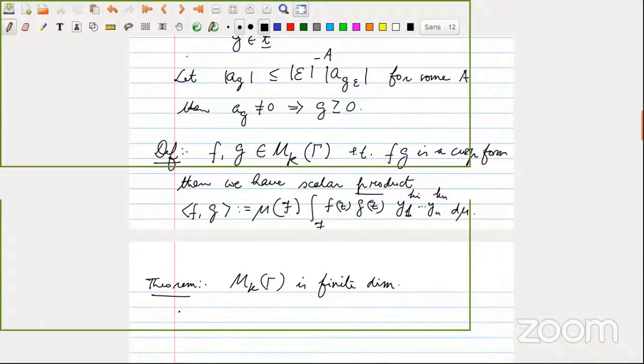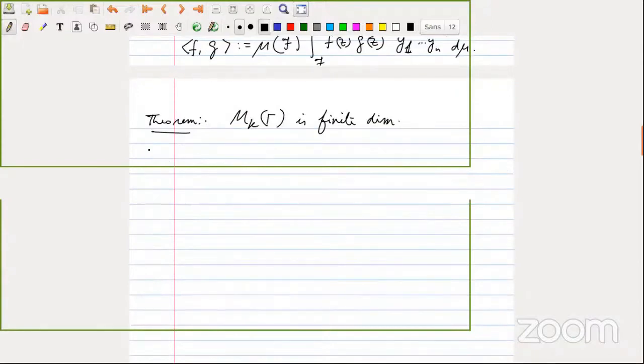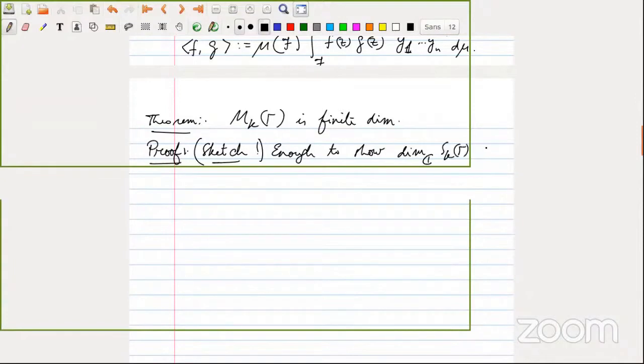The proof is the same as in the case of elliptic modular forms. I have a sketch of the proof here. Once I have this Petersson inner product, then it's similar. It's enough to show it for S_k, that is, to show the complex dimension of S_k(Gamma) is less than infinity.